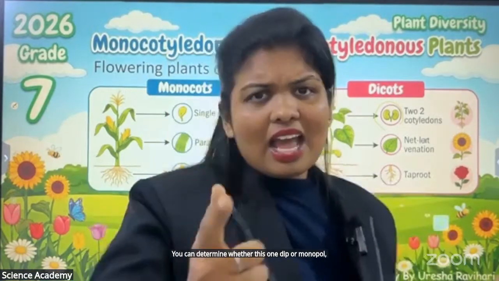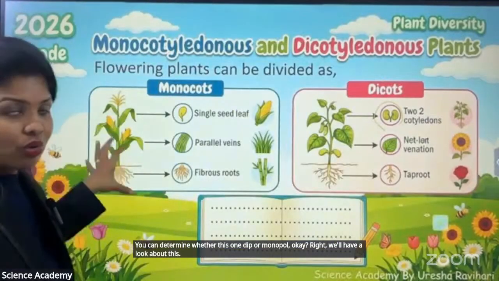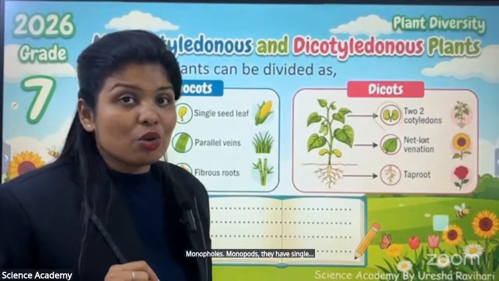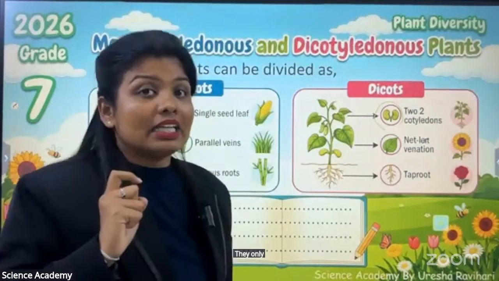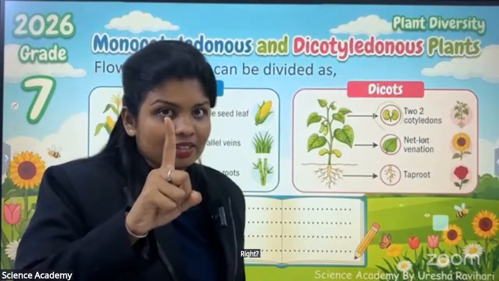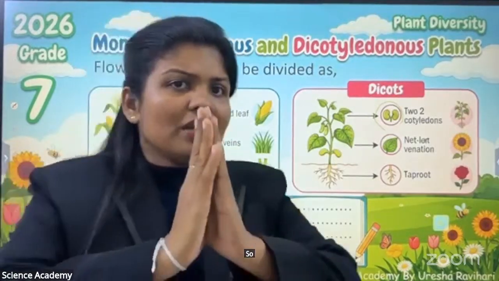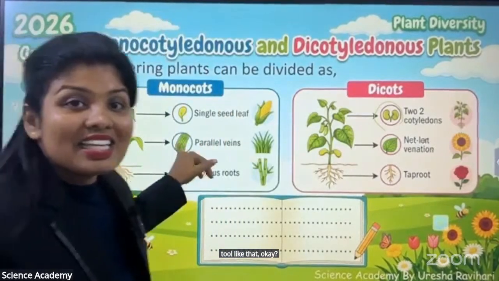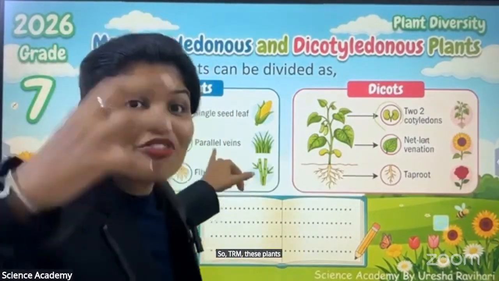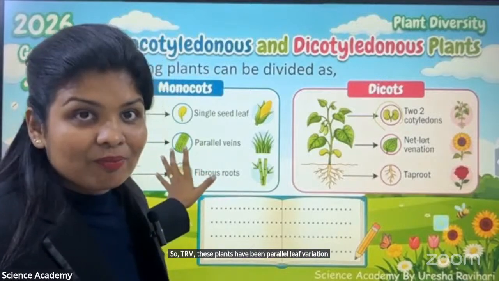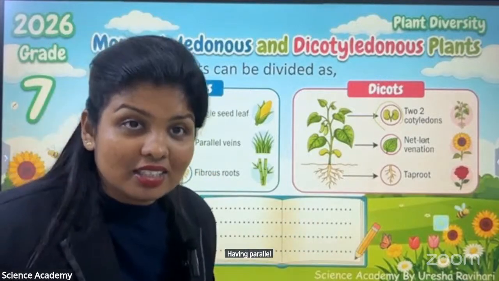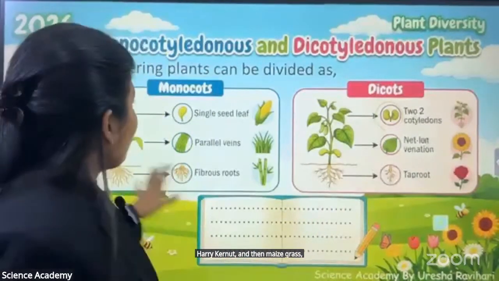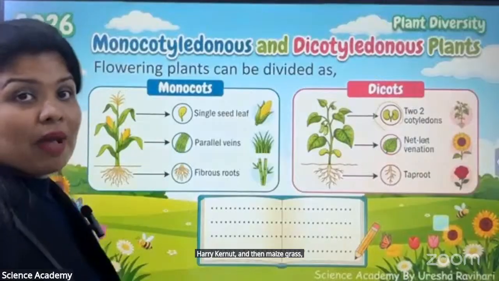We'll have a look at monocots. Monocots have a single seed leaf or seed lobe. They only have one cotyledon, so we cannot divide it into 2 like that. These plants have parallel leaf venation. Coconut, arecanut, maize, grass, paddy have parallel venation.